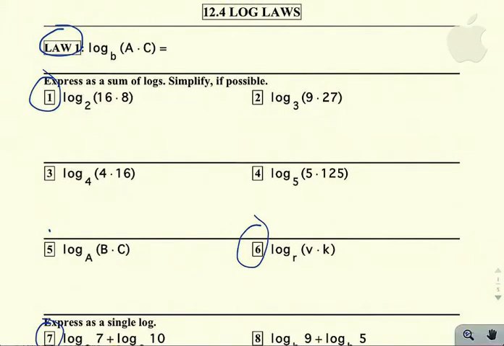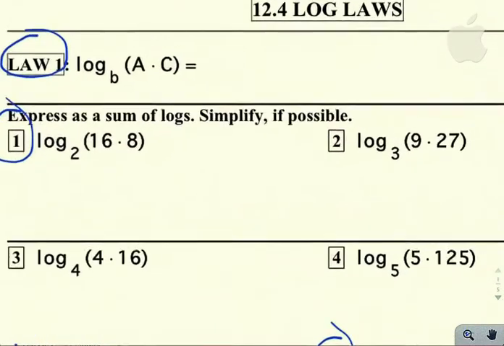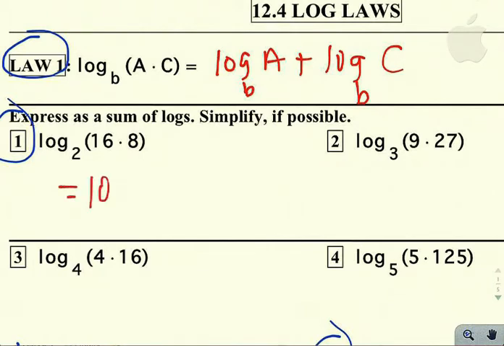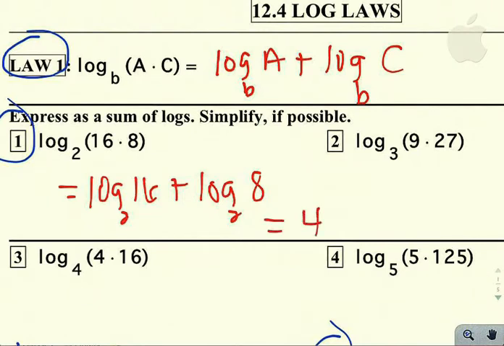The first one, log to the base b of AC is log to the base b of A plus log to the base b of C. So at number 1, that would be log to the base 2 of 16 plus log to the base 2 of 8. Now log to the base 2 of 16 is 4, and log to the base 2 of 8 is 3, so the ultimate answer is 7.